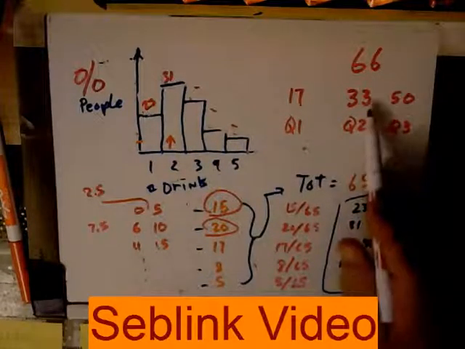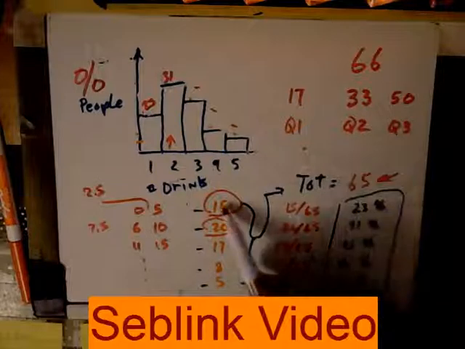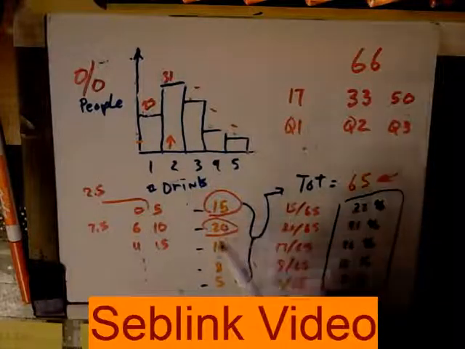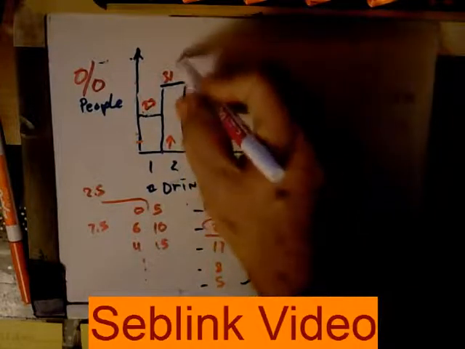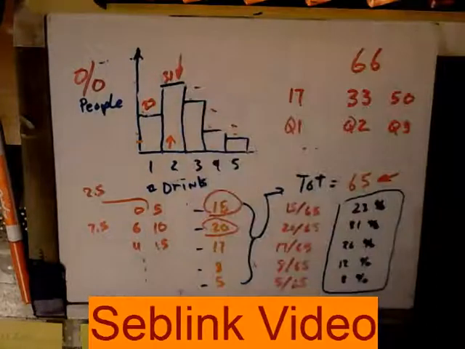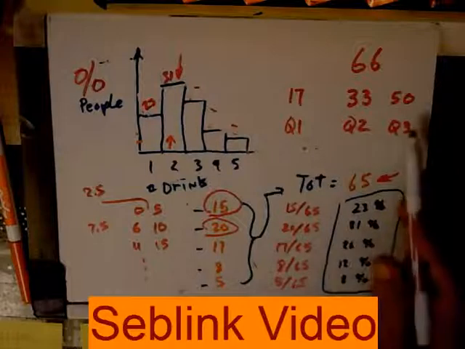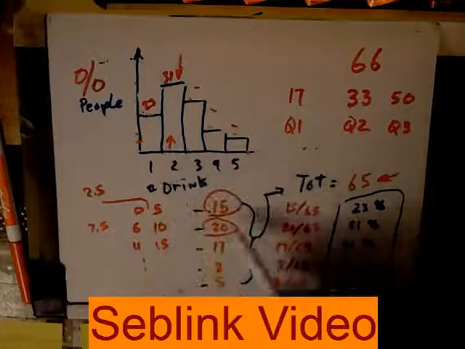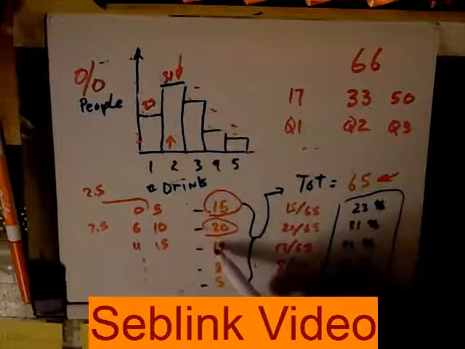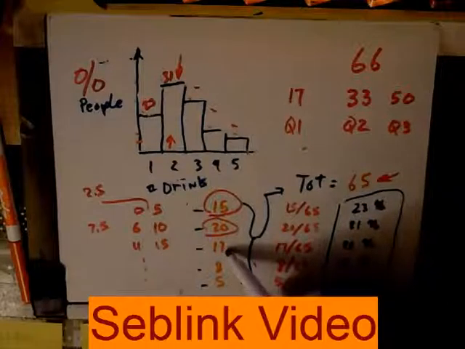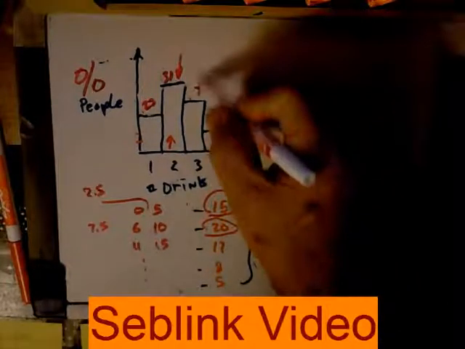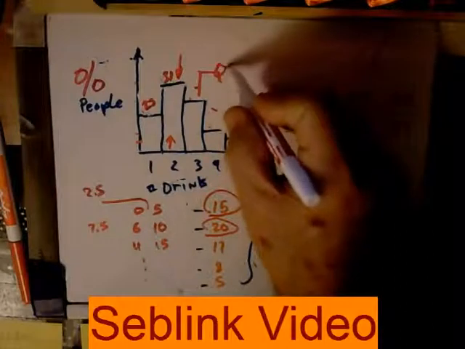Then 33 is my Q2 point. Well, there's 15, and 20 is 35. So actually, Q2 also fell in that grouping. Q3 was then 50, and so I would count up 35, 45, 50 something. So actually, my Q3 fell out here.